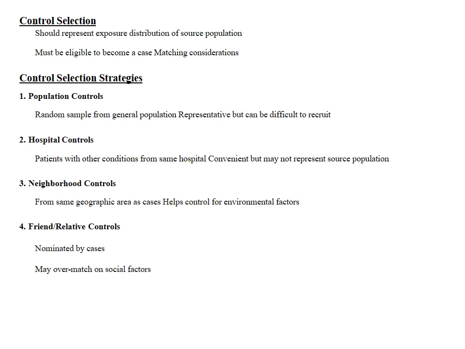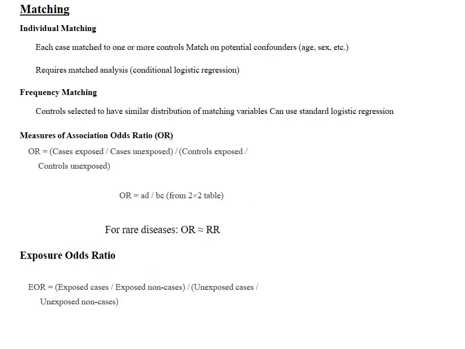Hospital control: patients with other conditions from the same hospital, convenient but may not represent the source population. Neighborhood control: from the same geographic area as cases, helps control for environmental factors. Each and every strategy has different pros and cons. Friend and relative controls nominated by cases may overmatch on social factors.